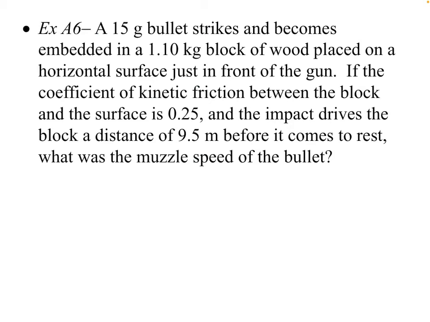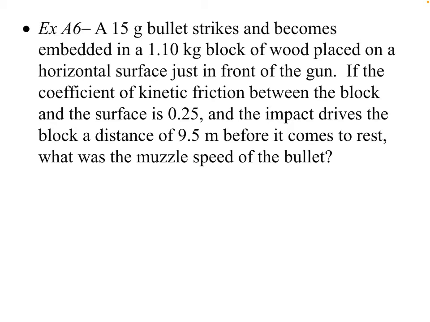So we also know that while that block of wood is sliding on the surface of the counter or whatever it's on, that can't be conservation of momentum, because we are losing energy to friction at that point. As soon as we have an external force at work, no conservation of momentum. Okay? However, there is still conservation of momentum here.